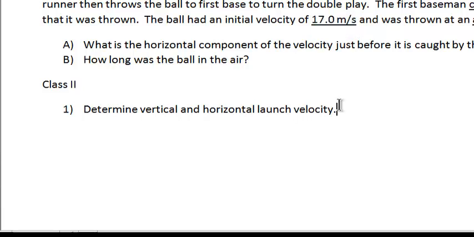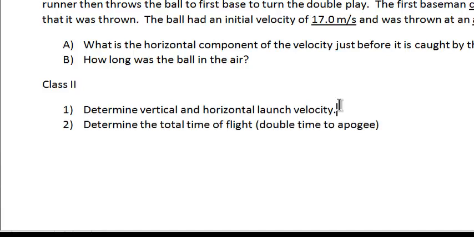Step 2 is determine the total time of flight. You'll figure out time to apogee, and from that, the time from apogee back down to starting position, which means you double the time to apogee. And then thirdly, you determine the range. You figure out how far away from starting position it lands.